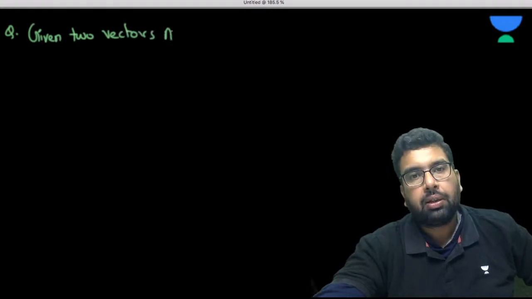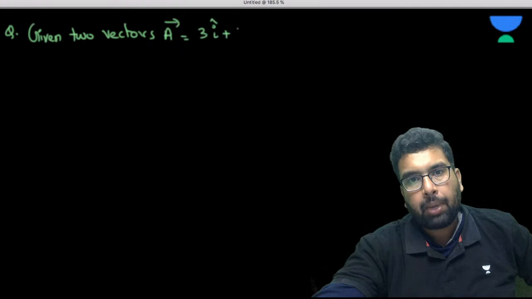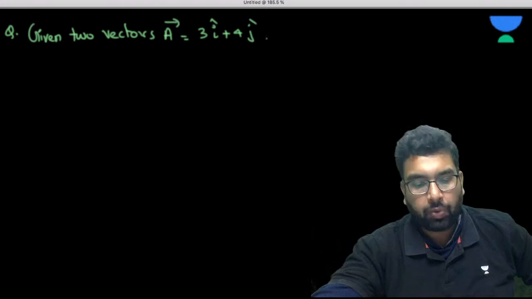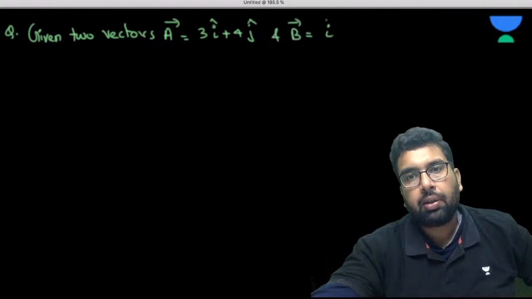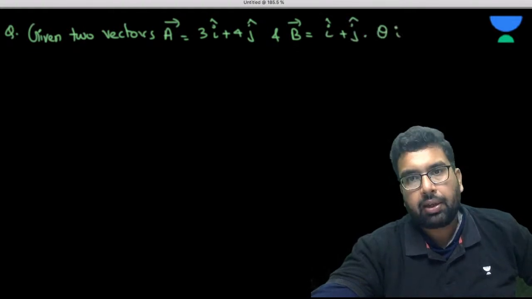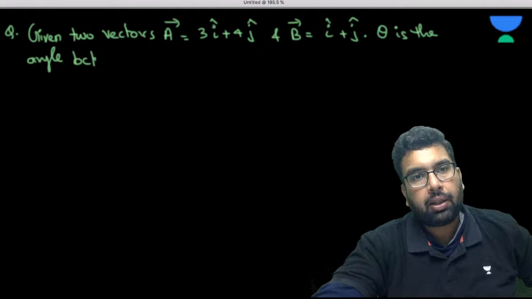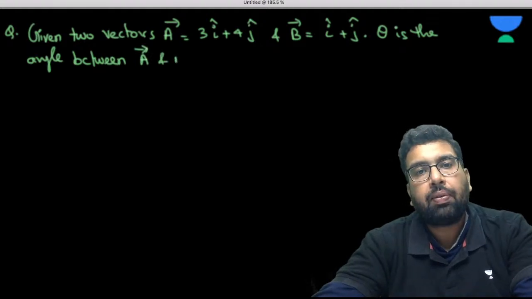Given two vectors, A vector is equal to 3 I cap plus 4 J cap, and B vector is I cap plus J cap, and theta is the angle between A vector and B vector.